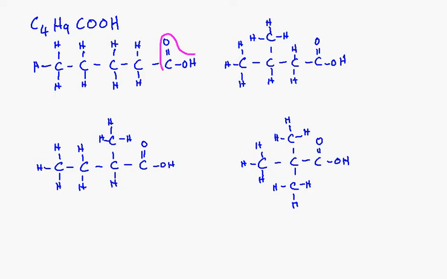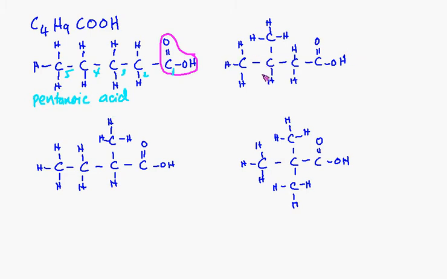Now this is the functional group. So taking the carbon in the functional group as carbon number 1, 2, 3, 4, 5, the name for this isomer is pentanoic acid.